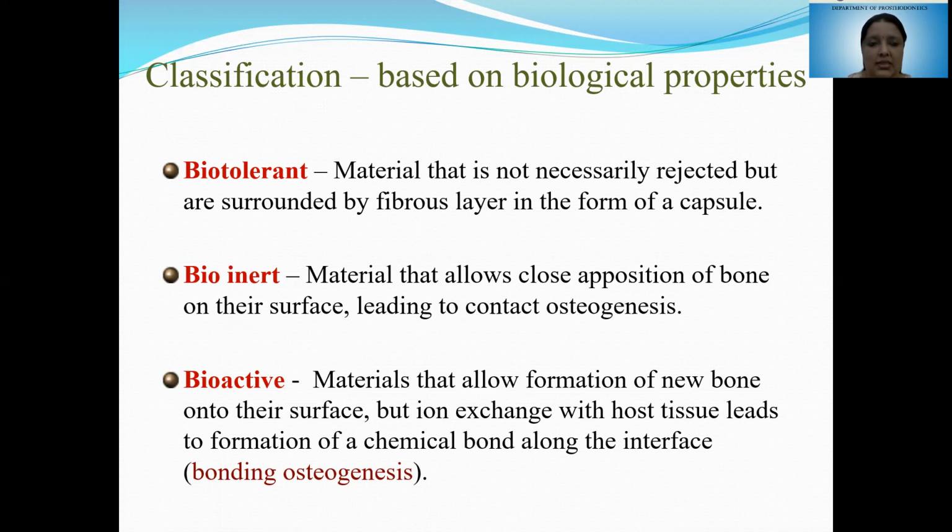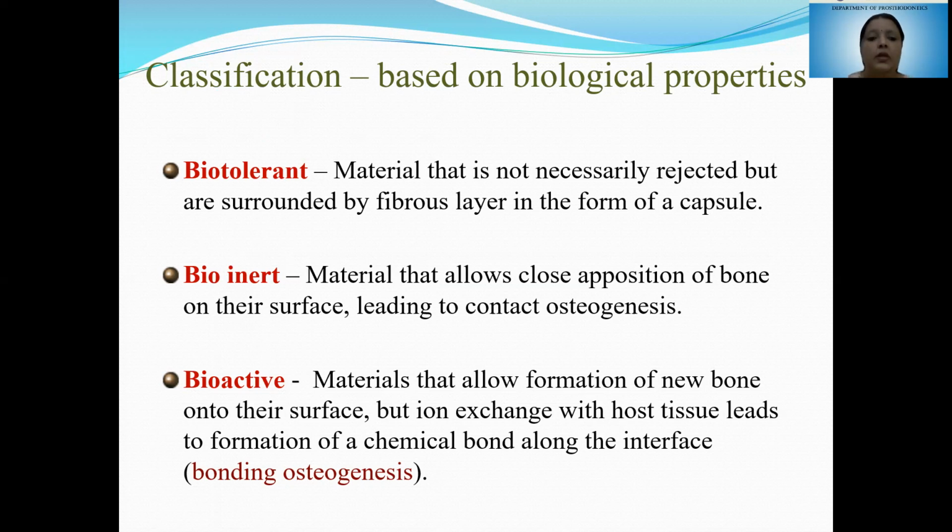Bioinert materials allow the formation of bone on their surface, and it leads to a process which is called contact osteogenesis. That is, bone directly forms on the surface of these materials, but there is no chemical exchange of ions between the implant material and bone.